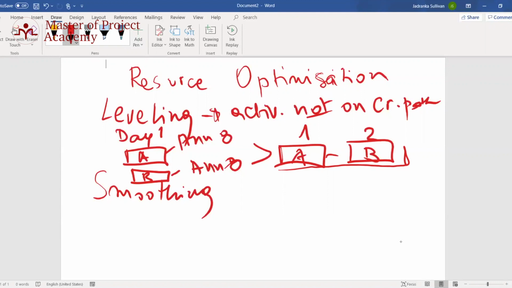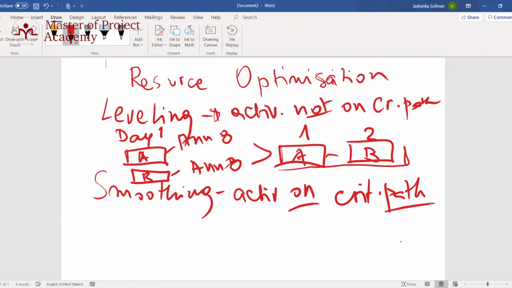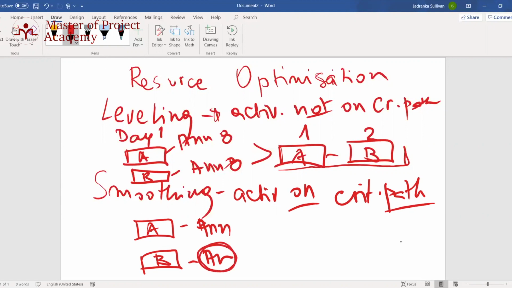Smoothing is actually when we have activities on the critical path. So what do we do with smoothing? For example, we have the same example. N needs to work on activity A and N needs to work on activity B, right? But these activities are on the critical path. So when we do smoothing, we actually replace N with somebody else.